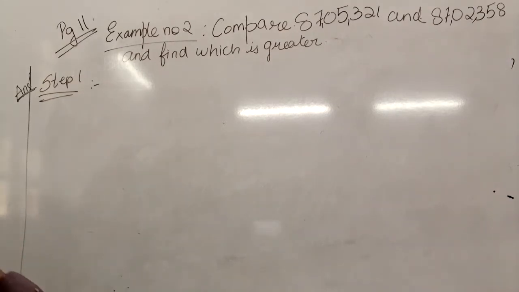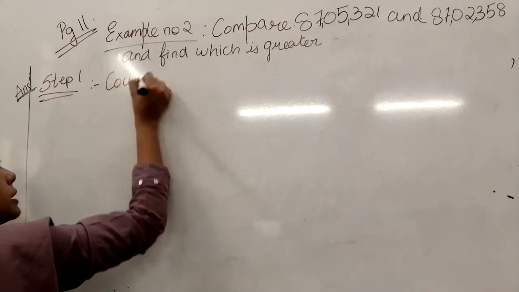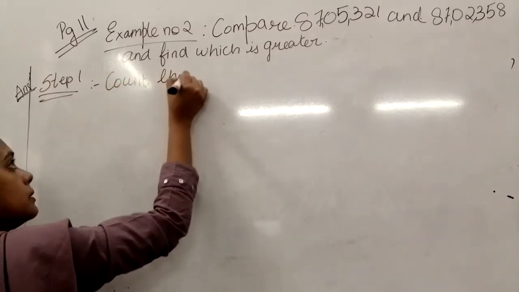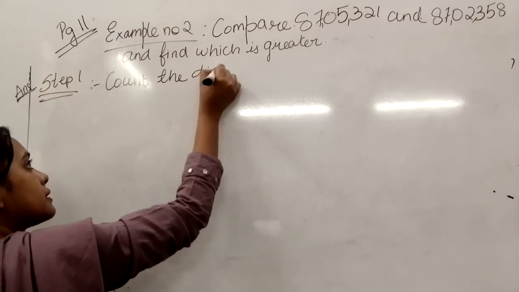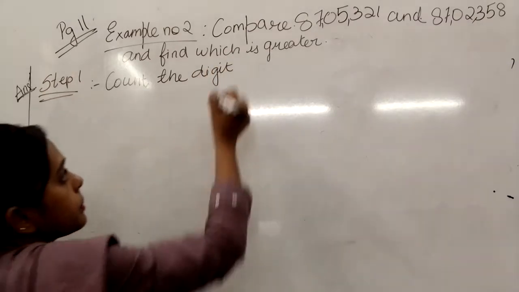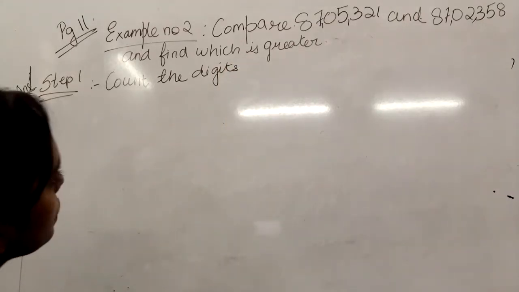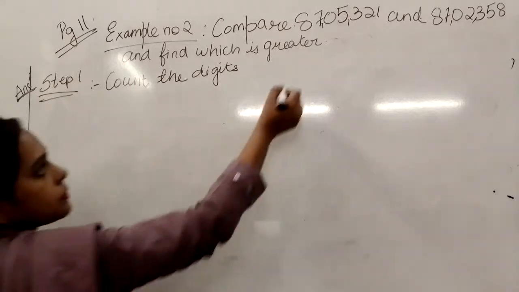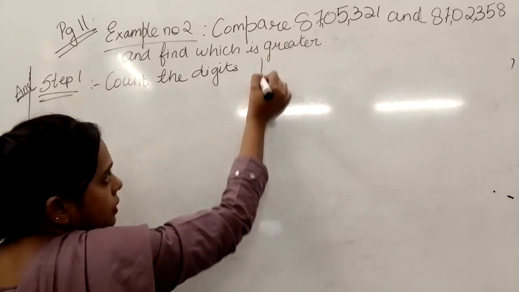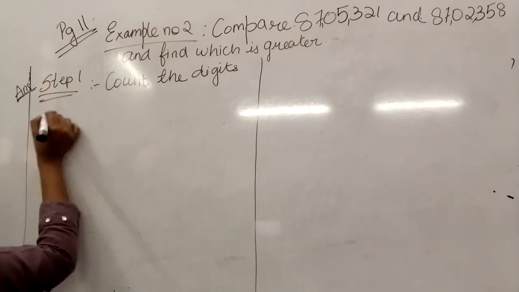Step 1 will be to count the digits. Now what will I do? I will count the digits. Now how will I count the digits? Look here. So first, what is the number?